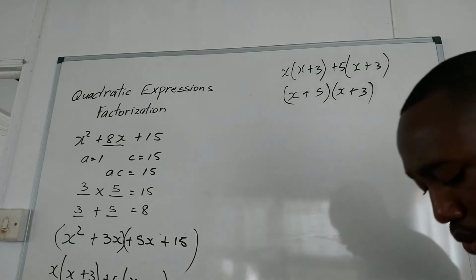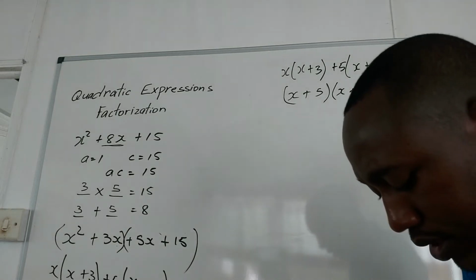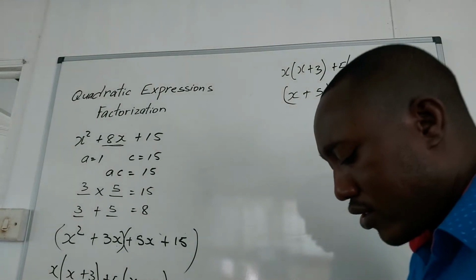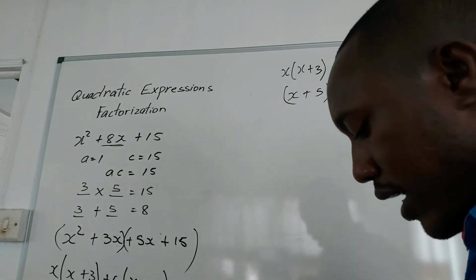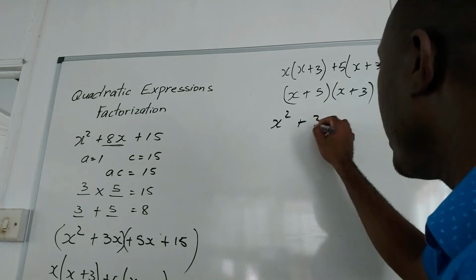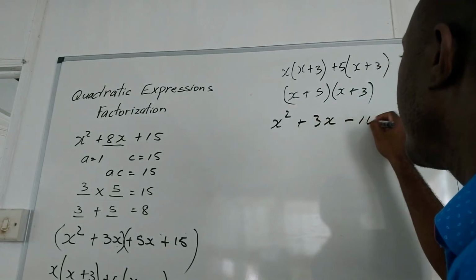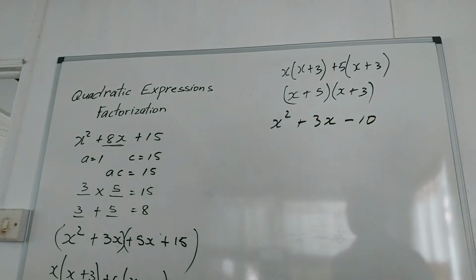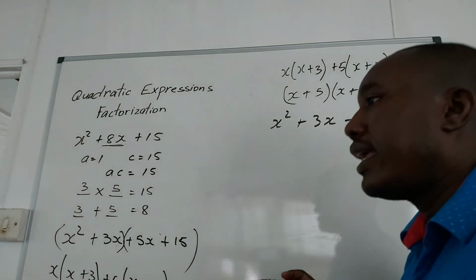Now, let's do another one. Let's try x squared plus 3x minus 10. First thing, multiply a and c.